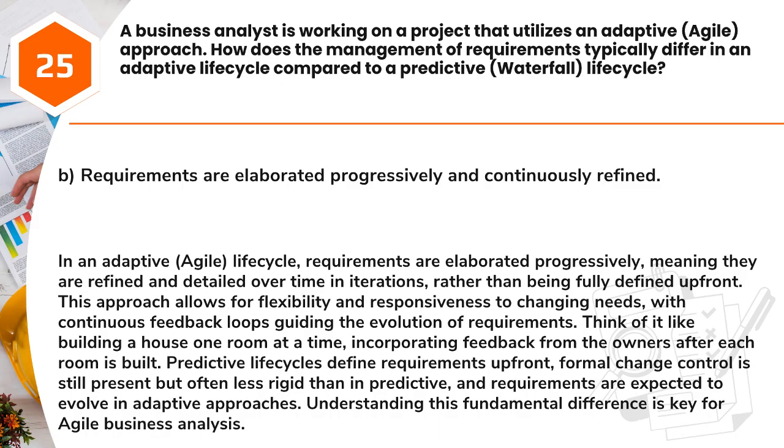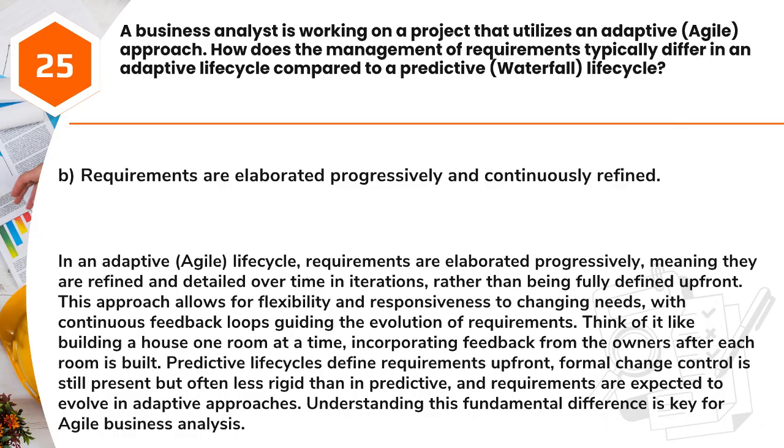Answer: B. Requirements are elaborated progressively and continuously refined. In an adaptive, agile lifecycle, requirements are elaborated progressively, meaning they are refined and detailed over time in iterations, rather than being fully defined up front. This approach allows for flexibility and responsiveness to changing needs, with continuous feedback loops guiding the evolution of requirements.